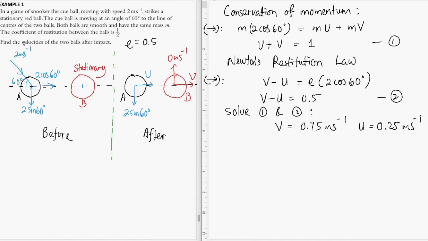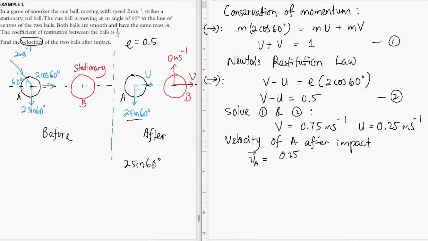If you wish to find the velocity in more detail, we say that the velocity of A after impact is given by 0.25 for the horizontal component, and the vertical component is 2 sin 60.